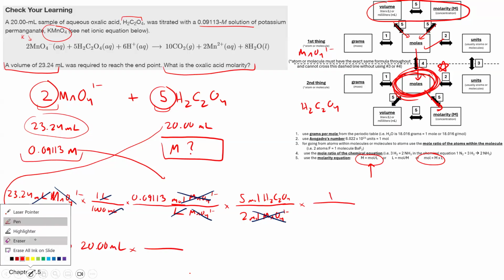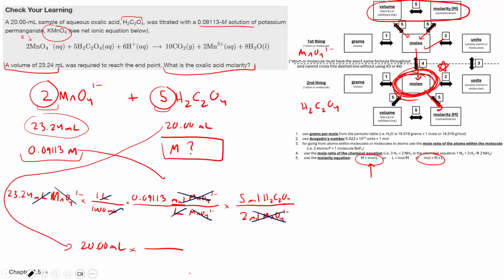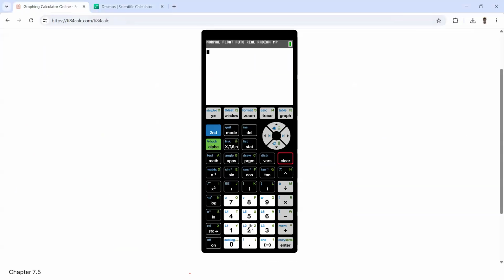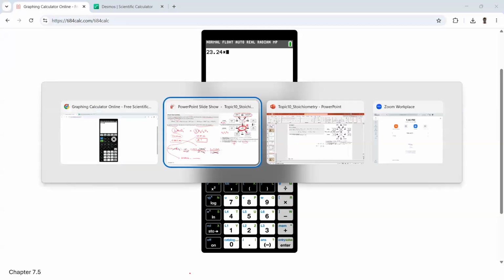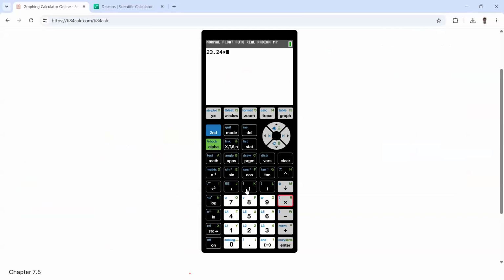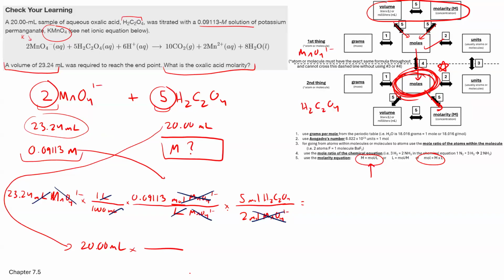Let me put an equal sign there. Let's finish this up. 23.24 times 1 over 1,000. So parentheses, 1 divided by 1,000, close parentheses, multiply.